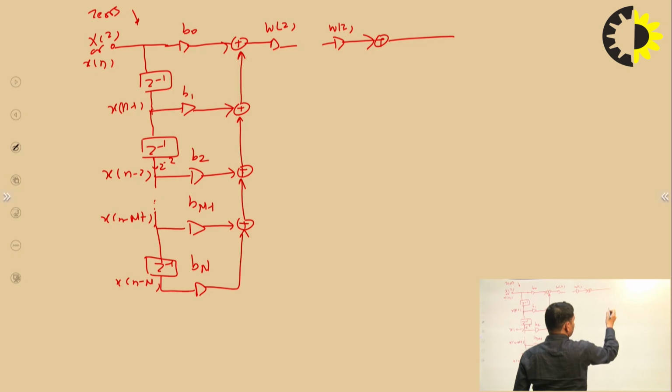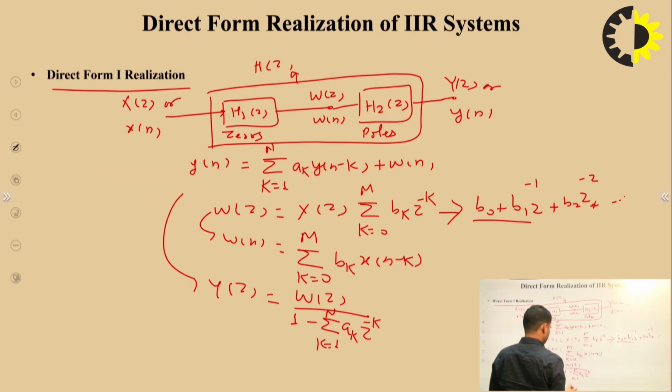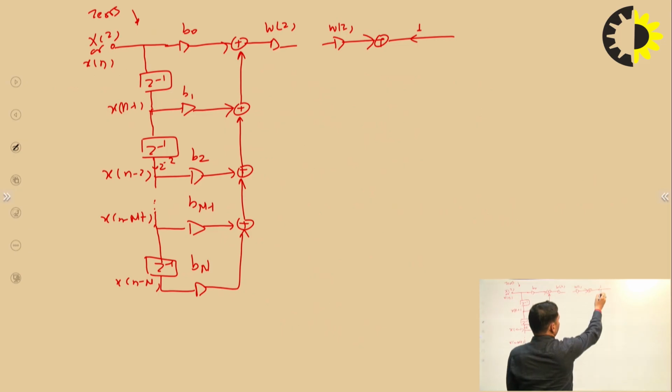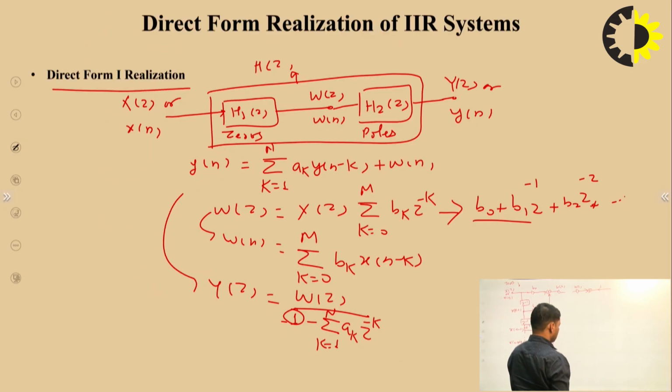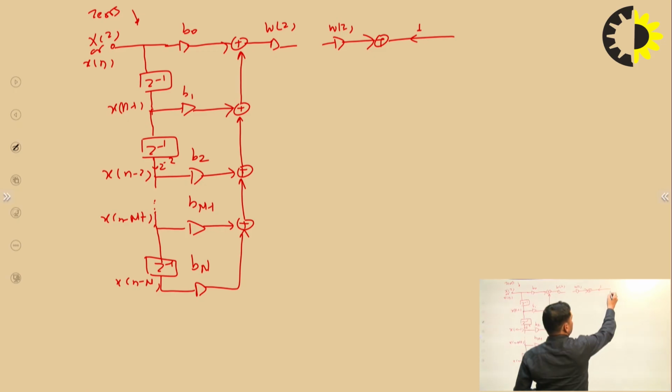The first coefficient is 1, which you can see here, this part we have to design. So the 1, after that this part, plus or minus a1 z raised to power minus 1.